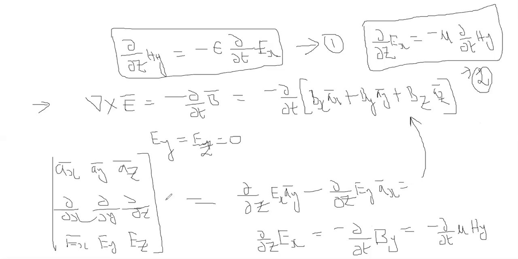Now using these two equations, the one and the two, you can derive another equation to see the dou by dou z with respect to z.